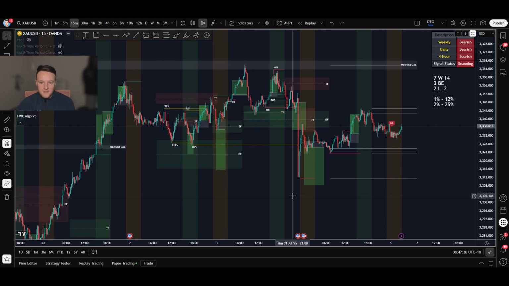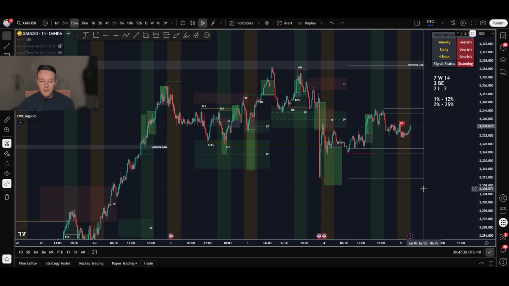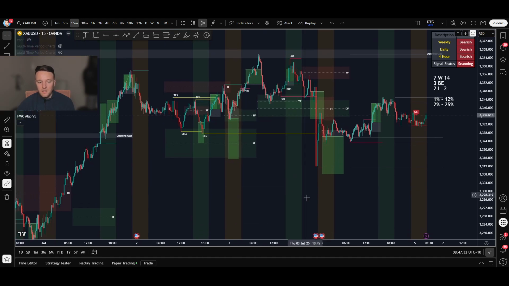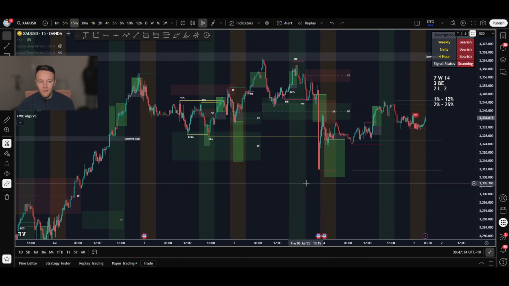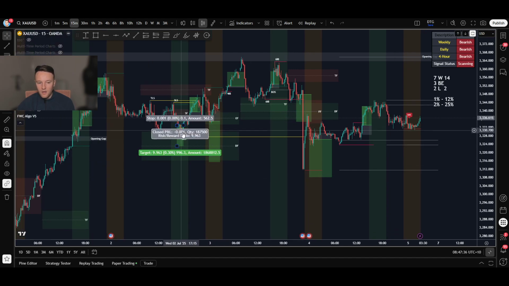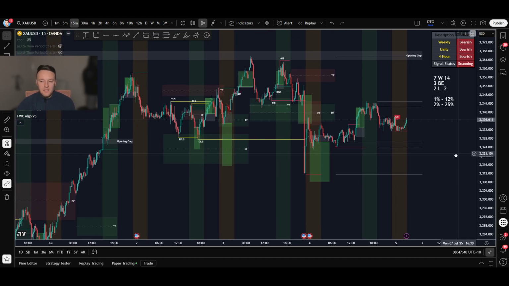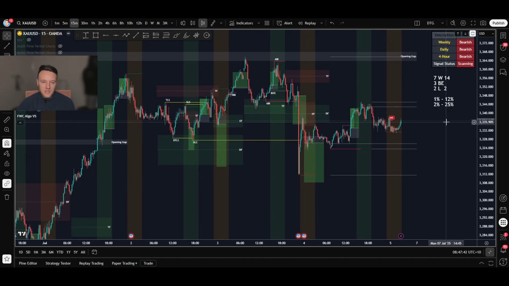So we had this loss, and this loss. Yeah. So there's 2 losses in there, although this would have been a half loss and this would have been a half loss too. None of the losses were full loss trades. They were half loss because we managed risk on those trades. So it would have been a total of 1 loss actually.